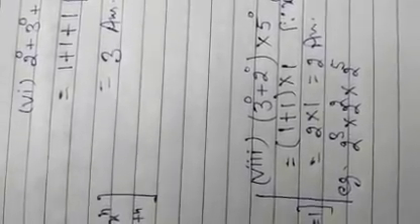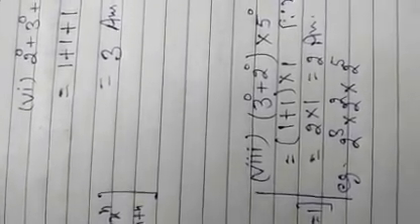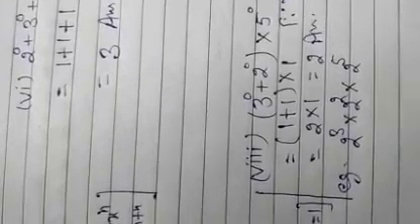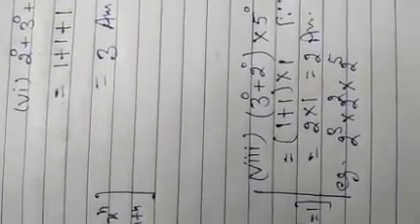So what will we do? We will keep the base the same and add all the powers. So here the base is what? The base is 2 and the powers are what? They are 3, 2 and 5. So what we have to do according to that identity?